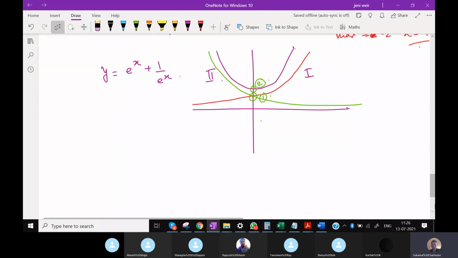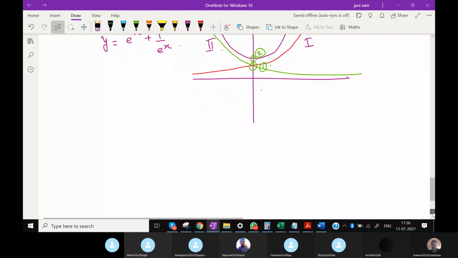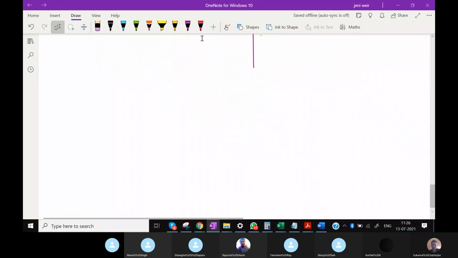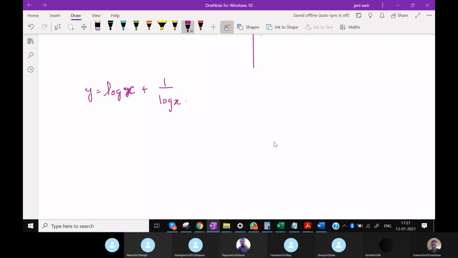Now, if the same function is logarithmic, y equals log x plus 1 by log x.